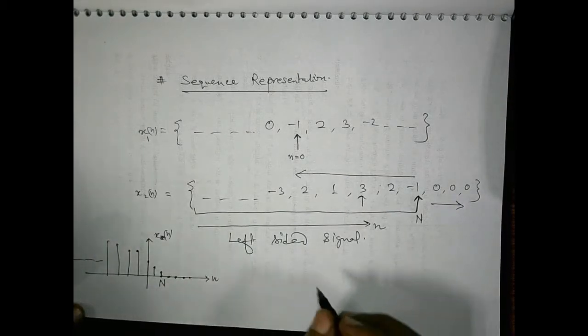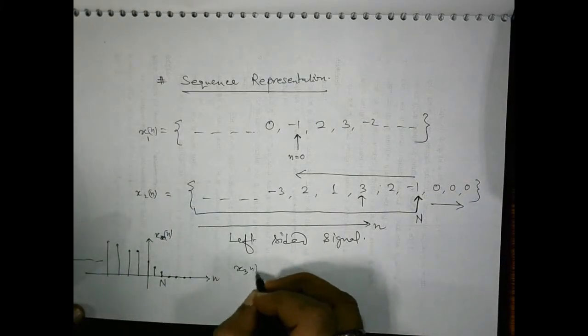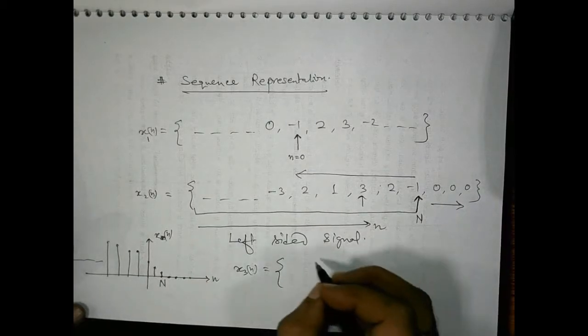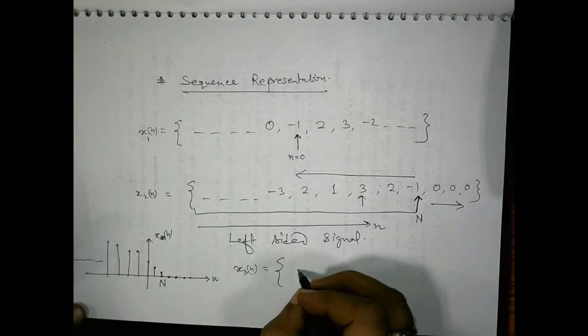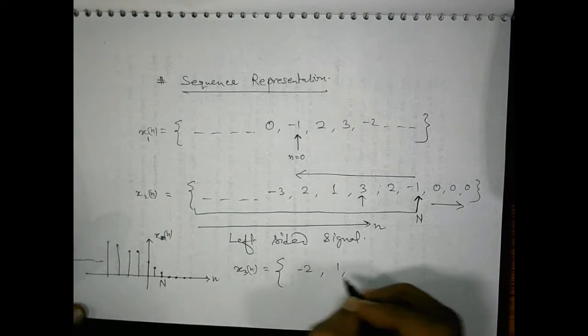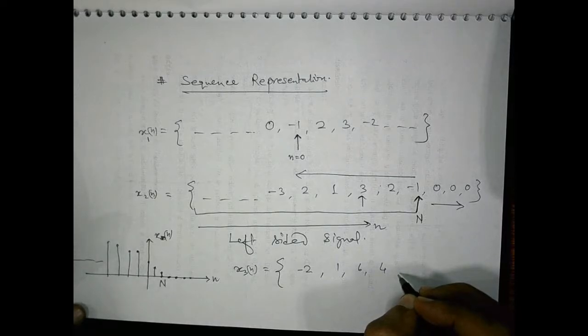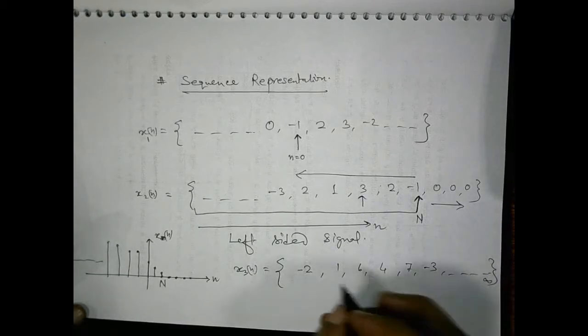Similarly, we can have a right sided signal. Suppose we have an x3n which is represented in sequence form like this. Suppose -2, 1, 6, 4, and 7, -3, and so on up to infinity. We have signal strength, and suppose the signal starts from here.